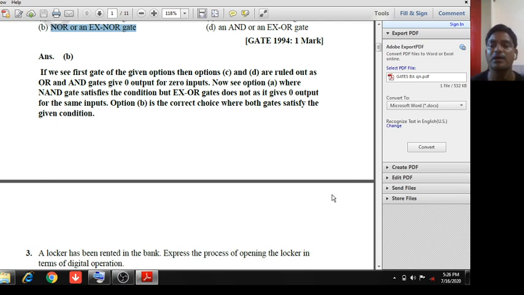The lock can be opened if both keys are available. One key is with the bank employee and one is with the client. So the locker can be opened only if both inputs are high, means it is the case of AND gate.